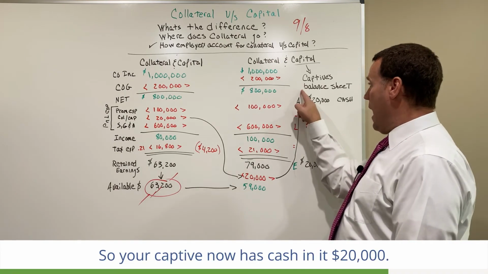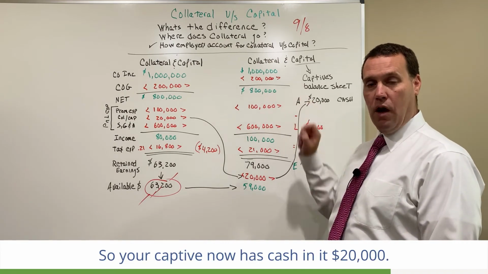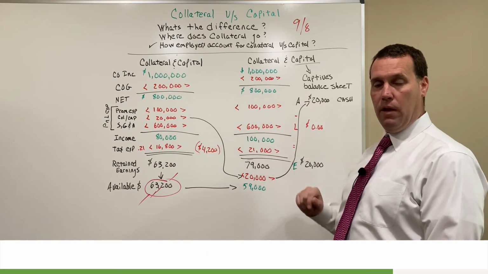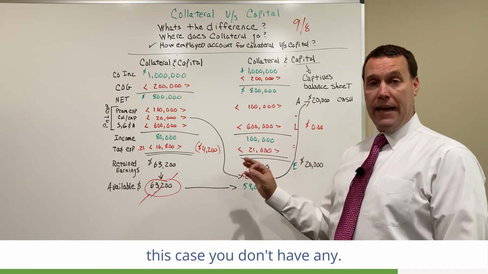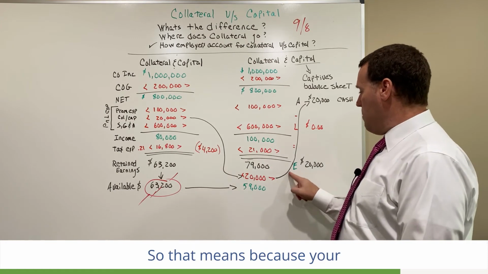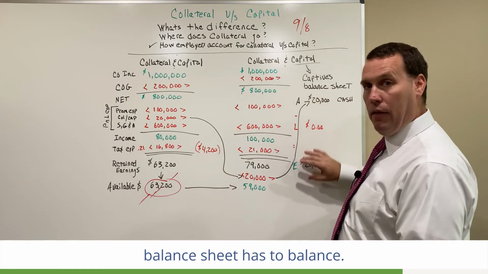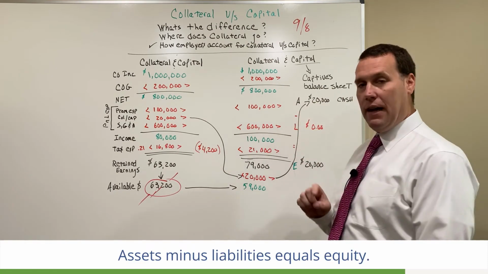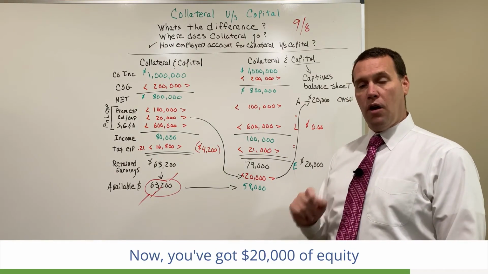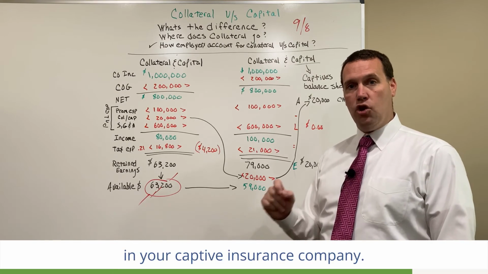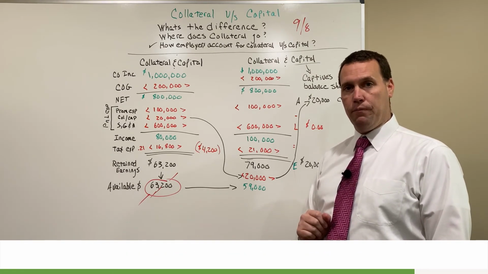So your captive now has cash in it, $20,000. That's an asset. You back out your liabilities, which in this case you don't have any. So that means because your balance sheet has to balance, assets minus liabilities equals equity, now you've got $20,000 of equity in your captive insurance company.